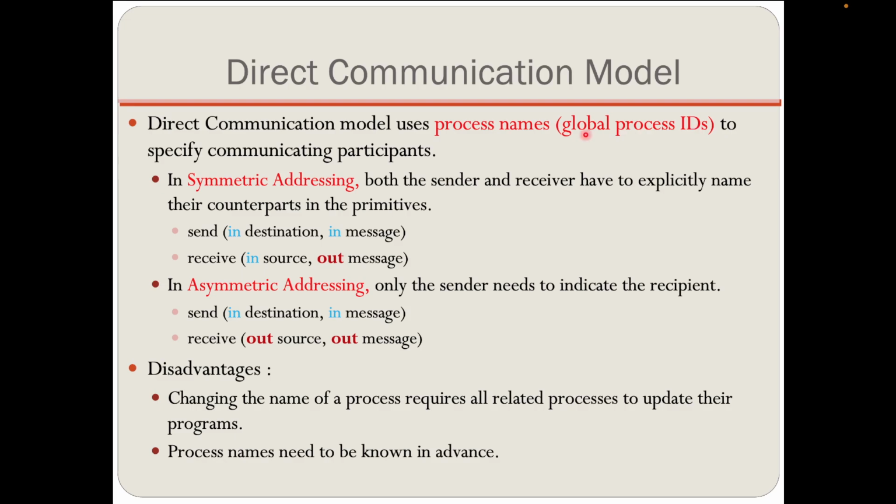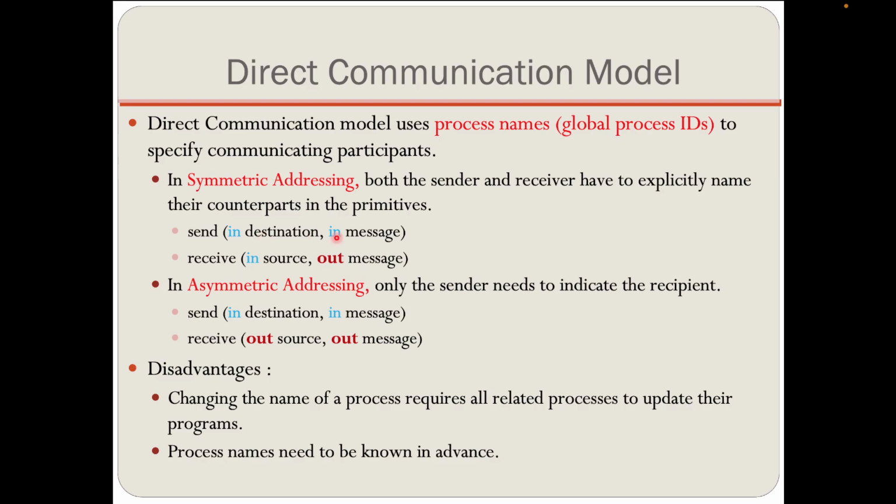For this direct communication model, the system may support two kinds of APIs. One is the symmetric addressing API. That means both sender and receiver need to explicitly identify their counterparts in these operations. For example, the API may look like this. When you try to send information, you need to specify the destination and also define your message, so both the message and the destination address are input arguments.